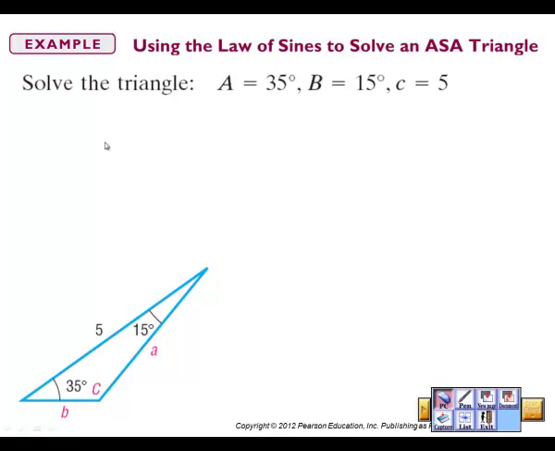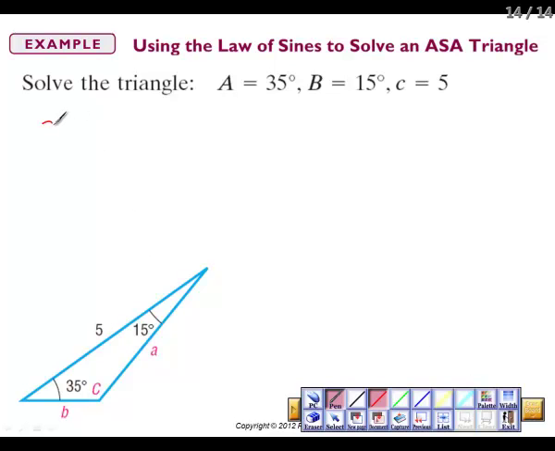Because if we take 35 degrees plus 15 degrees, that would be 50 degrees. And so we subtract 180 minus 50, and we get 130 degrees.